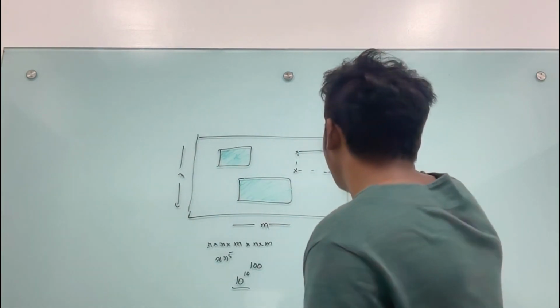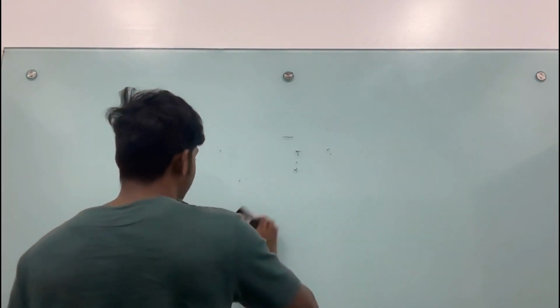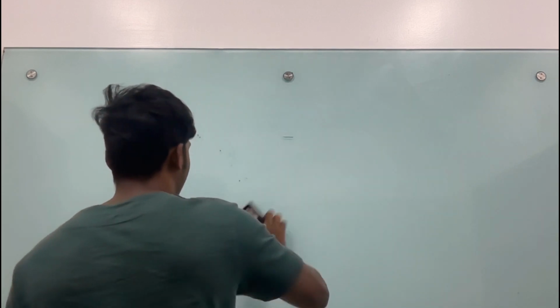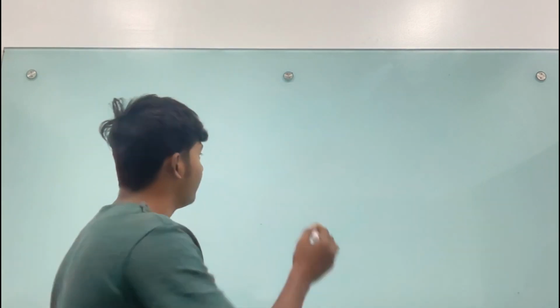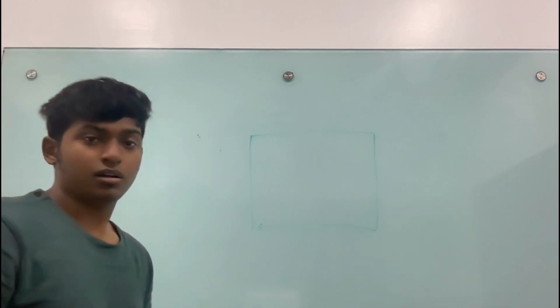We can do that. But to visualize prefix sum in a 2D setting, you first have to understand how they actually work. So we get a 2D matrix. I'll use the black ink.